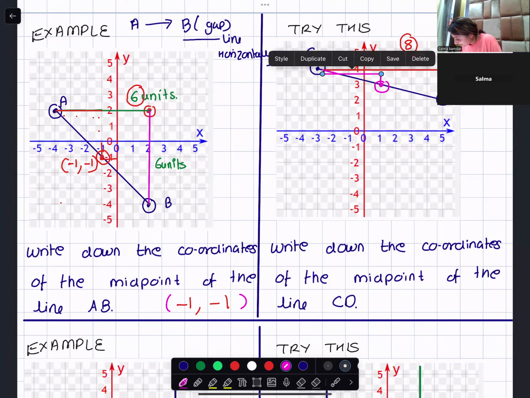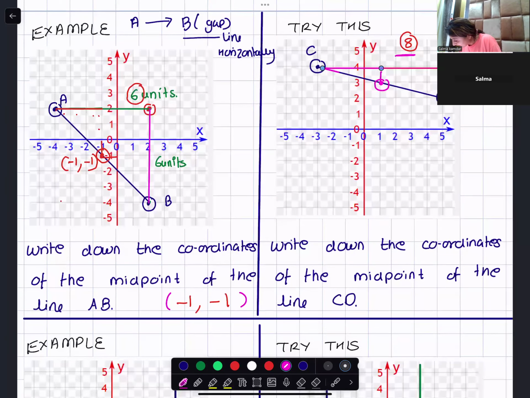I'll just take this line above so that it is clear. Now the x coordinate is 1 and the y coordinate is 3. So the coordinates of the midpoint are 1, 3.